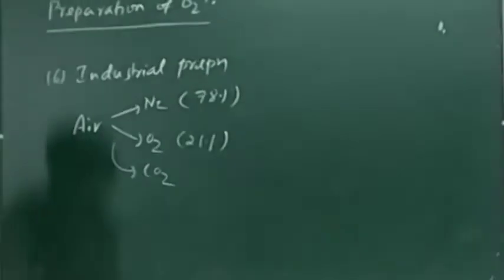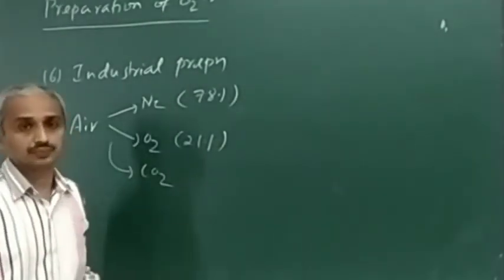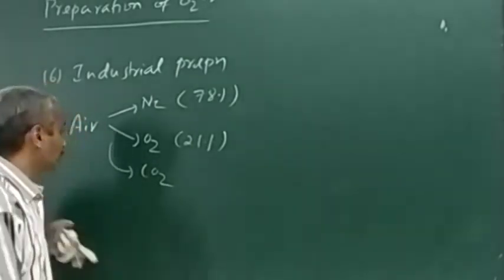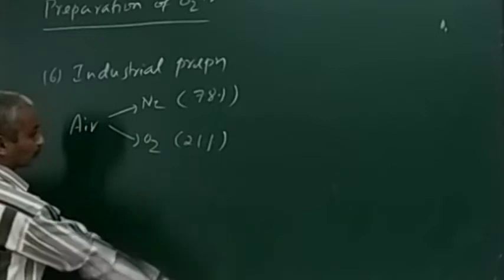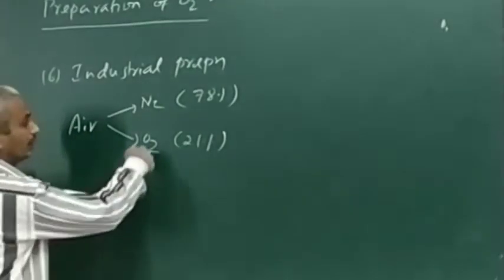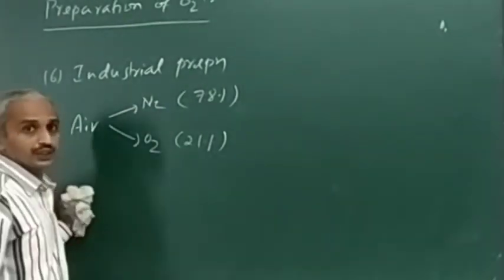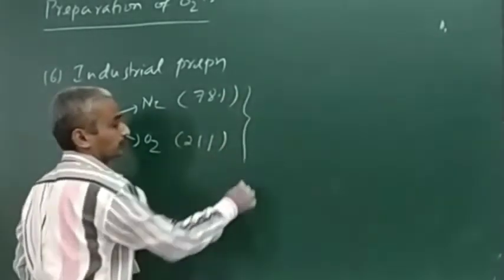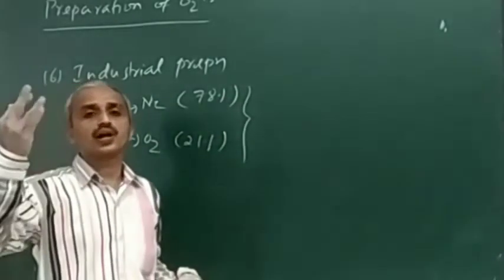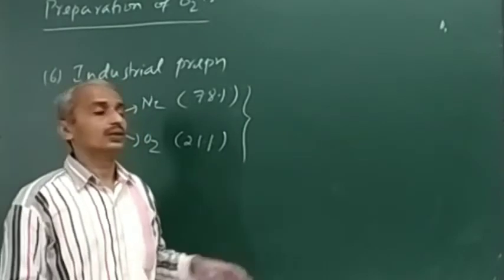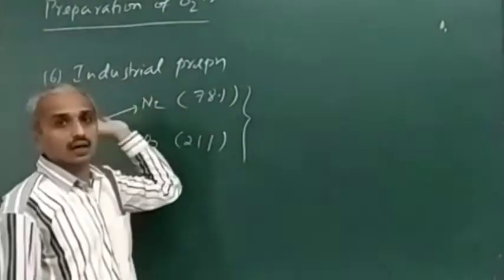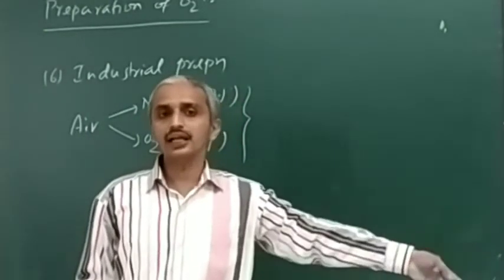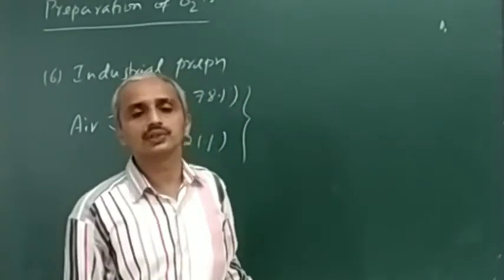So what we will do is cool this, but before cooling, pass the gases through KOH solution, which removes all the CO2. Cool it below the boiling point of both. Then go for fractional distillation. Oxygen and nitrogen are separately collected. You can get the nitrogen as well as the oxygen from the air.